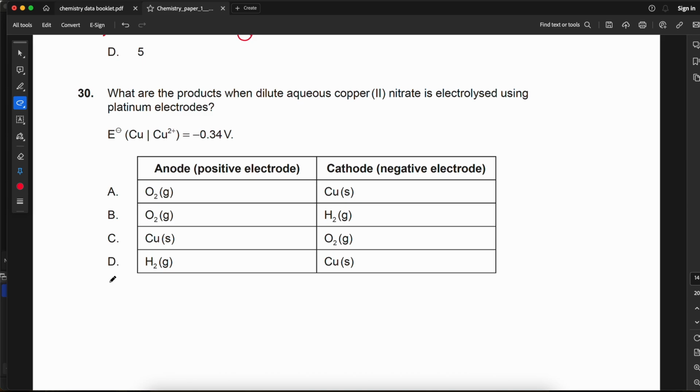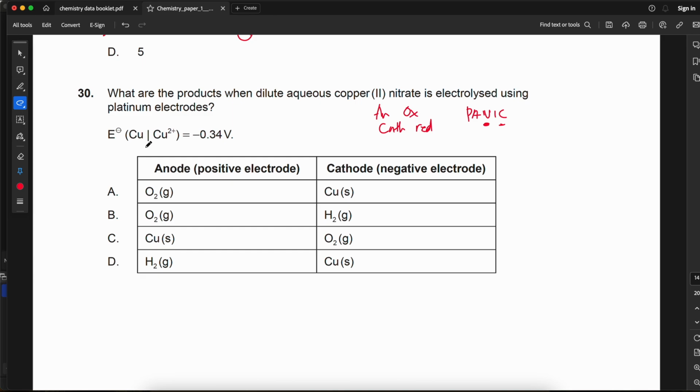What are the products when dilute aqueous copper 2 nitrate is electrolyzed using platinum electrodes? Okay, so at the cathode, I always do this. At the cathode, it will be the negative electrode. So when it's negative, of course, it will be Cu.